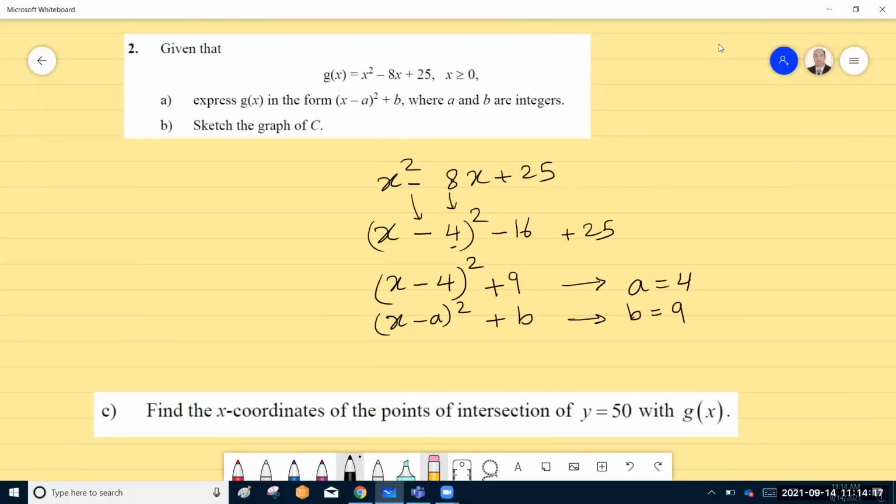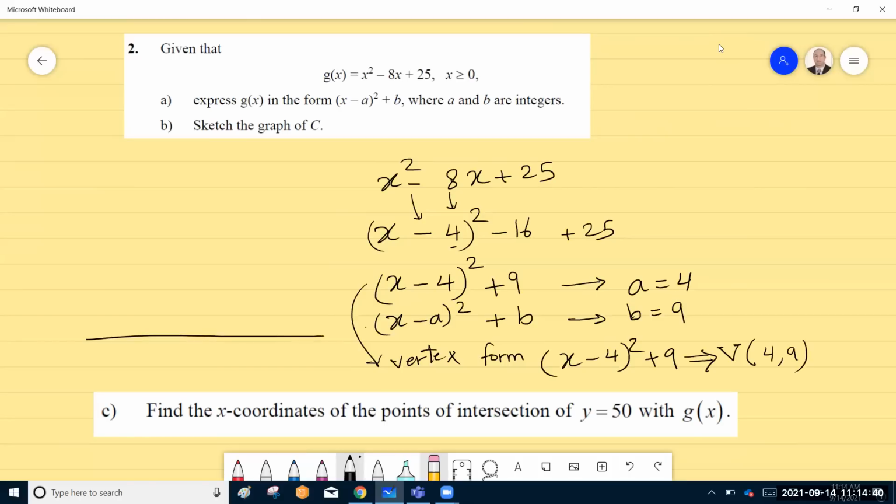Sketch the graph. This completed square form is called vertex form. Vertex form of the quadratic (x minus 4) all squared plus 9 tells us the vertex of this parabola is (4, 9). So first draw the axes, consider this is 4, consider this is 9. This point is the vertex.